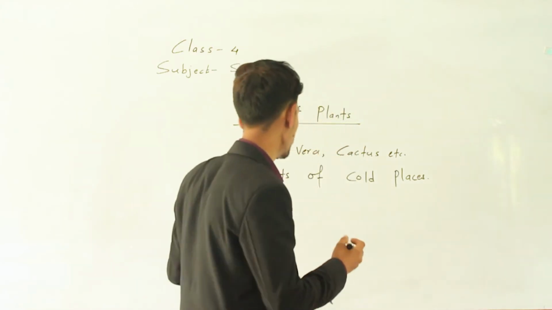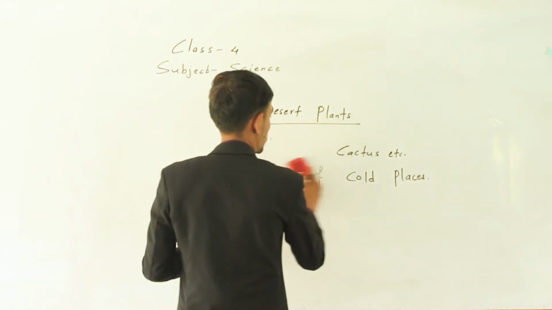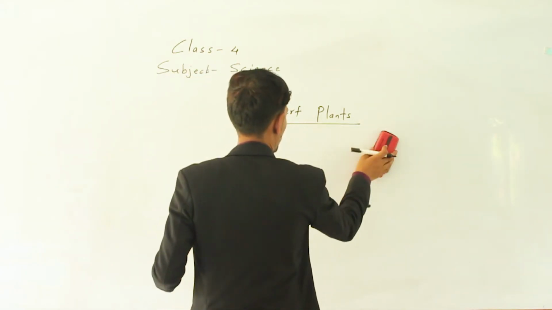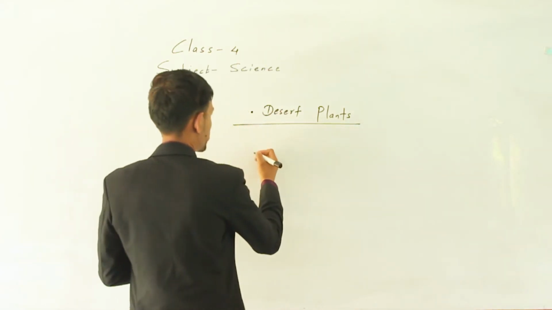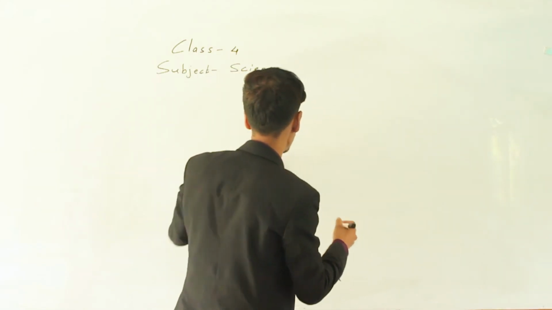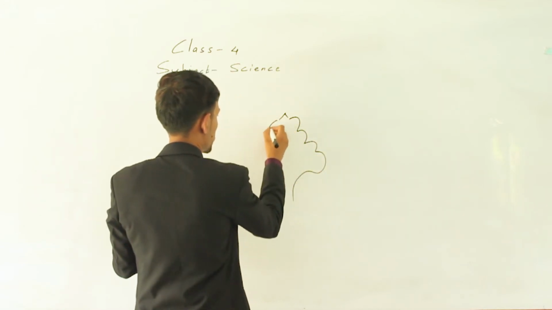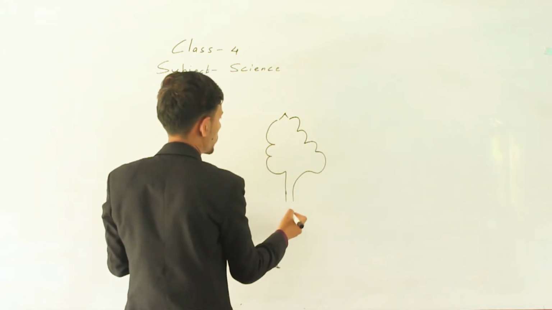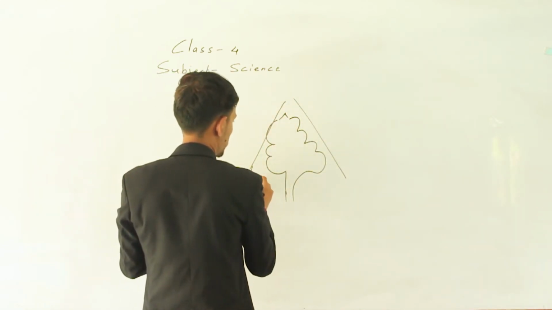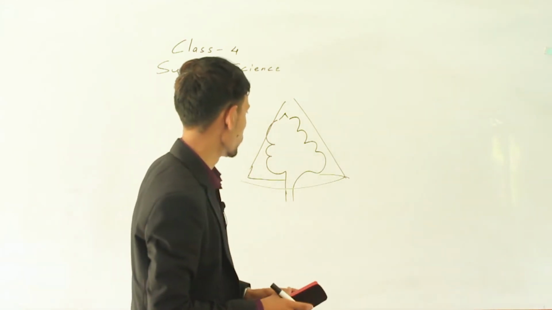You know the cone shape? The physical look of cold places plants looks like a cone, like this cone structure.